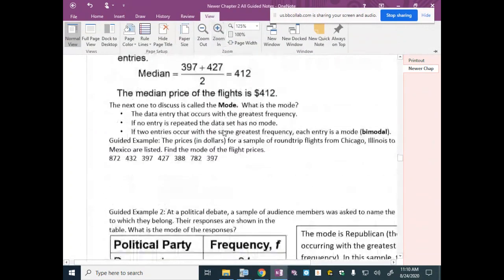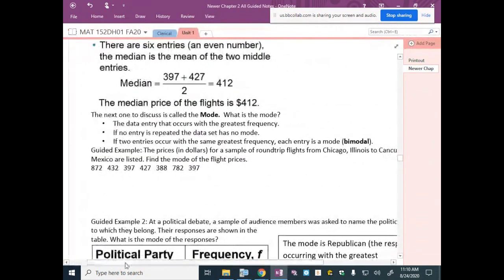So if I wanted to find the mode of this set, does anything repeat? Yep. Mode is $397. Now, here's the thing. Your calculator will not calculate the mode. You have to find that out for yourself.